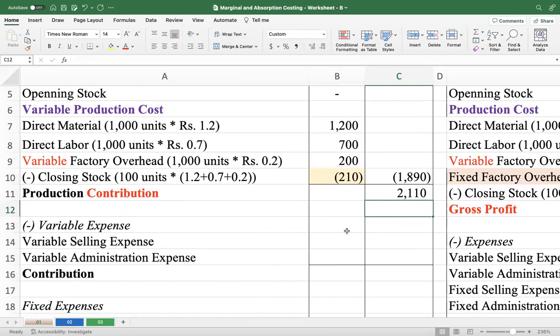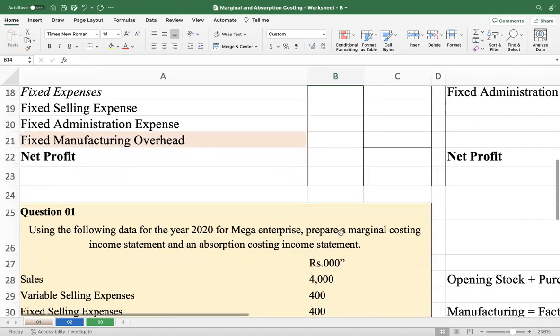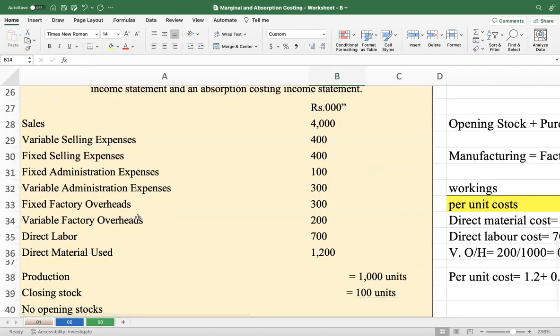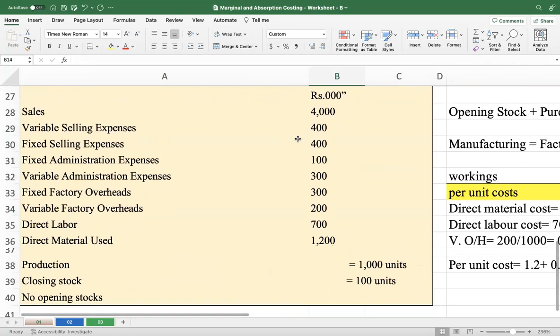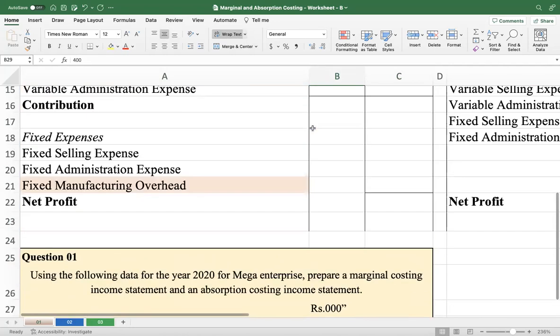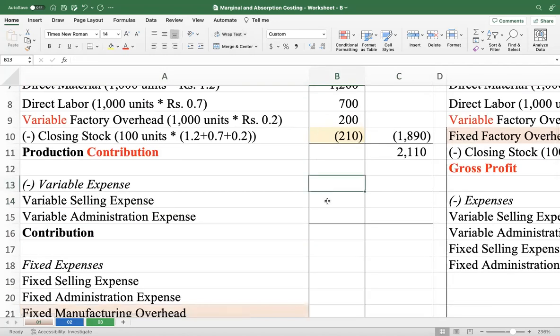Take these variable expenses here. Take the values. Variable selling expense, how much? It will be 400. Variable selling expense 400.